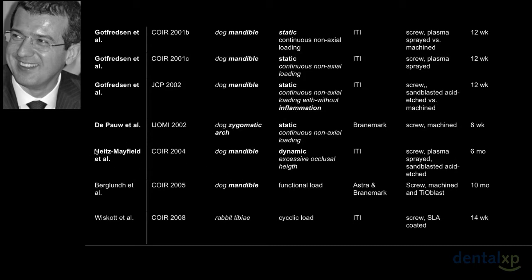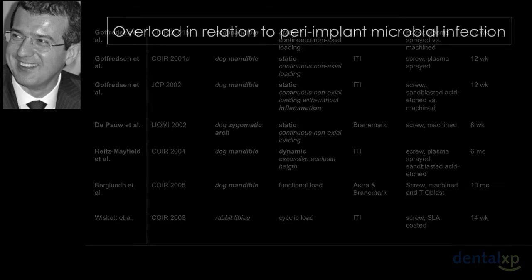For example, Heitz-Mayfield 2004, a study about excessive occlusal height in dog mandibles, is saying there is no relation between excessive occlusal load and bone loss. And as in the case of the Isidor paper, every time someone is going to say that there is no relationship between occlusion and bone loss, he's going to cite this paper because it's very strong in its conclusions.